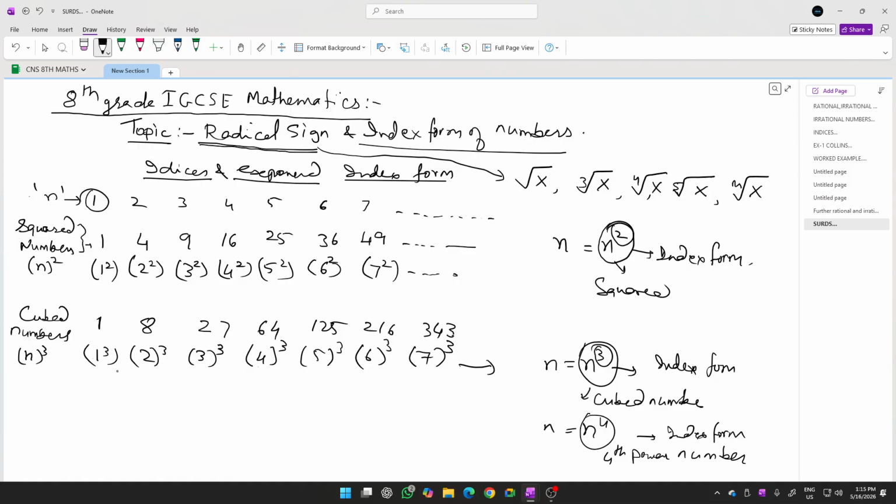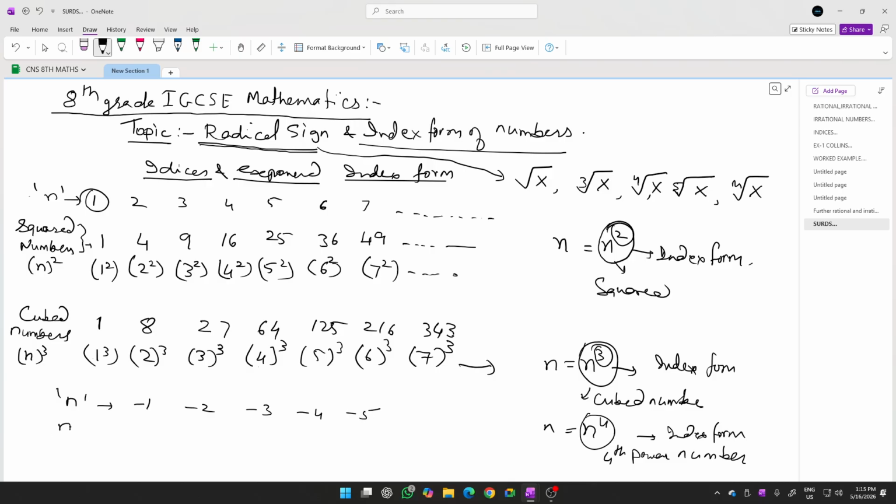Now here, it is not necessary that n should be a positive natural number. It can be a negative number also. For example, suppose you take n as -1, -2, -3, -4, -5.